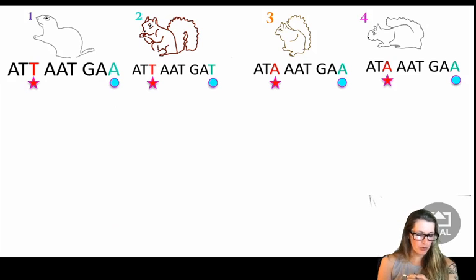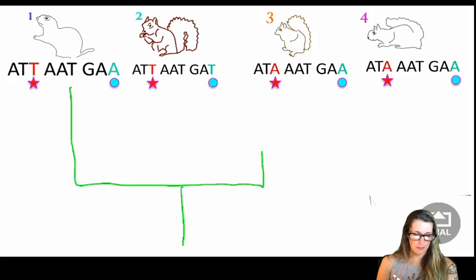As I mentioned before, our outgroup gives us our initial structure for our tree, and what we're figuring out is where do 2, 3, and 4, the fox squirrel, the western gray squirrel, and the eastern gray squirrel, where do they fit in relationship to each other?